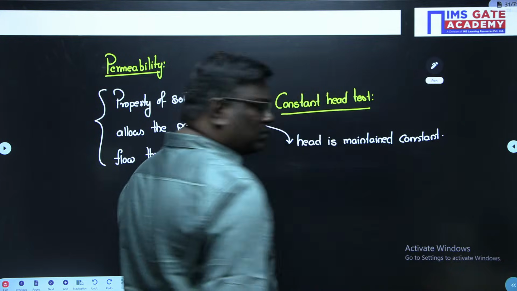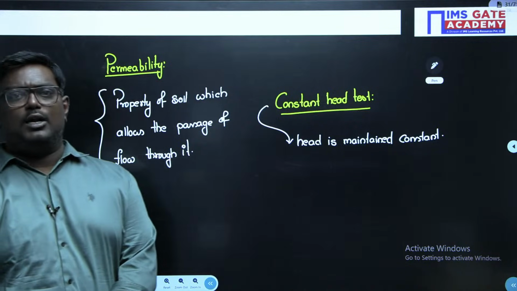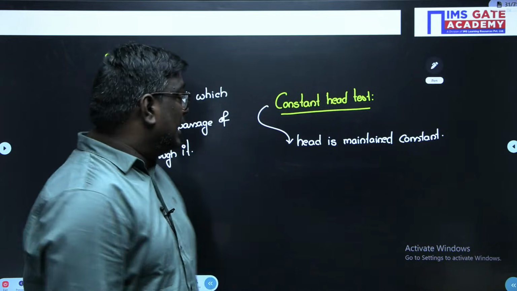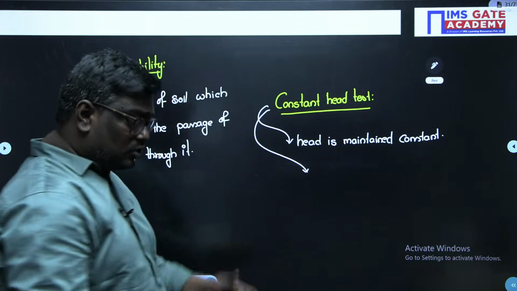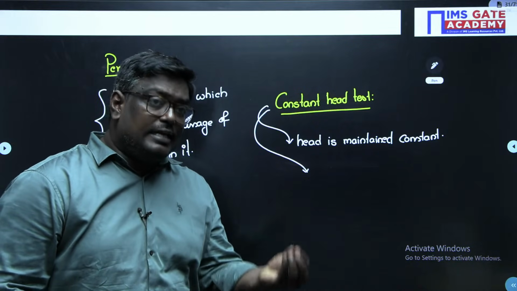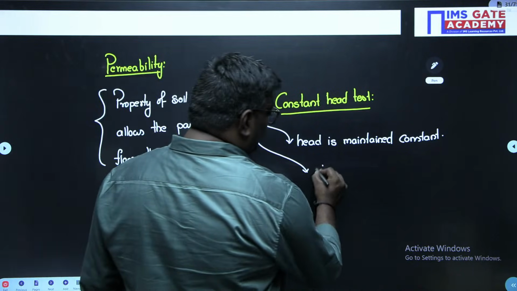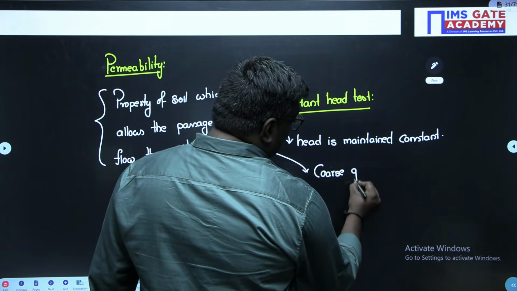It is very difficult to maintain the head constant for fine-grained soils, because due to the settling, the head keeps on changing. So constant head test is suitable for coarse-grained soils like gravel and sand.